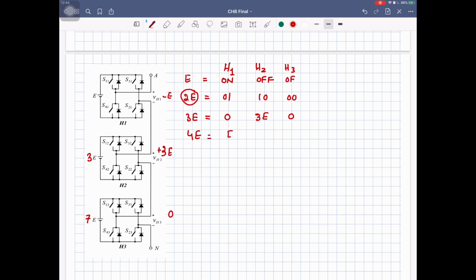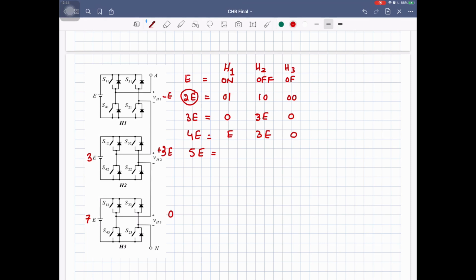To get 5E, what you can do? So how to get 5E now from this combination? Can you get? So let's think about that one. Yes.